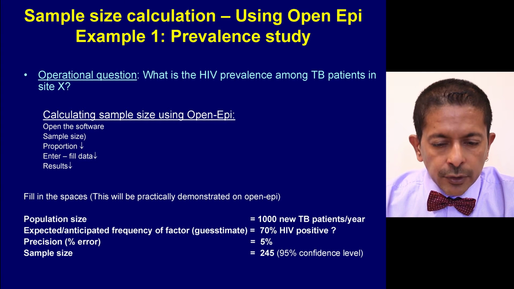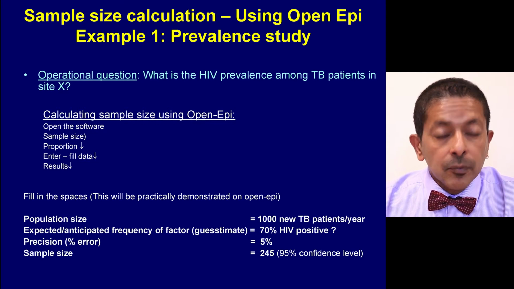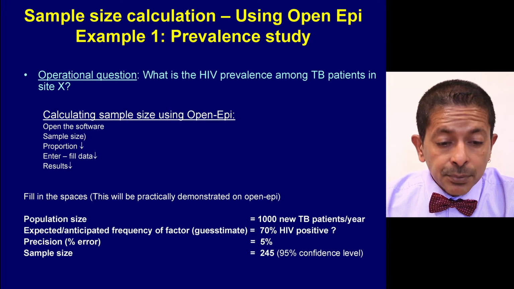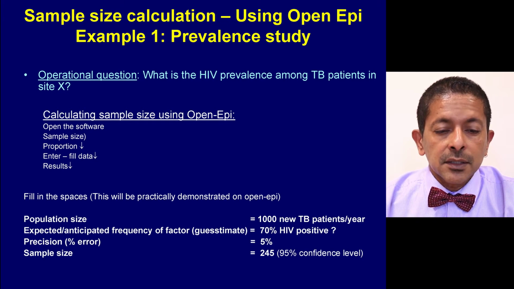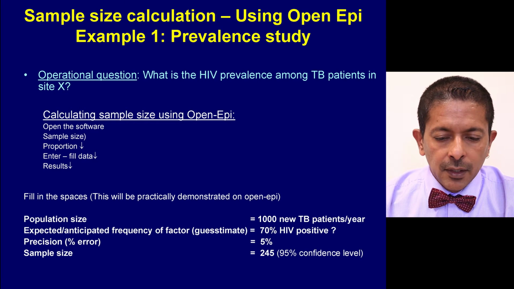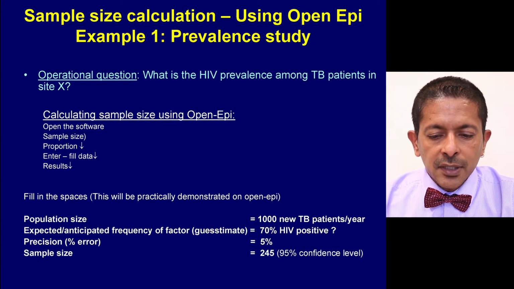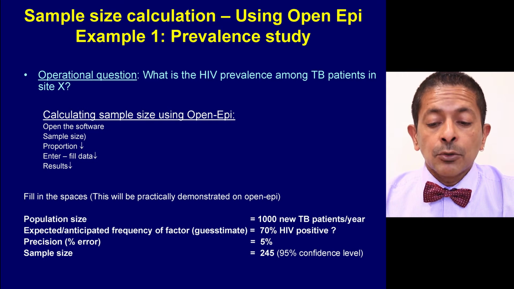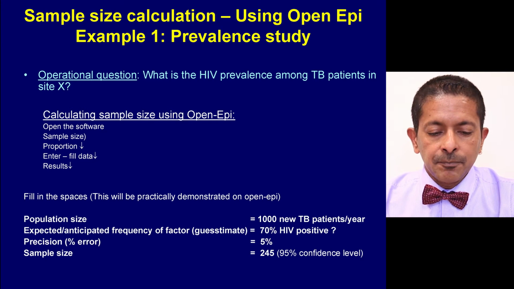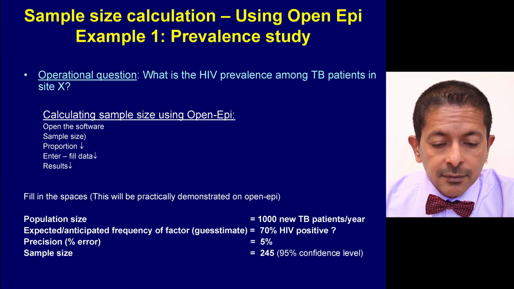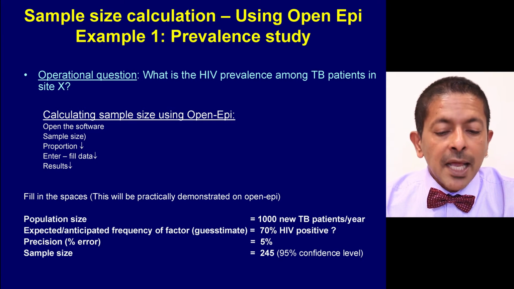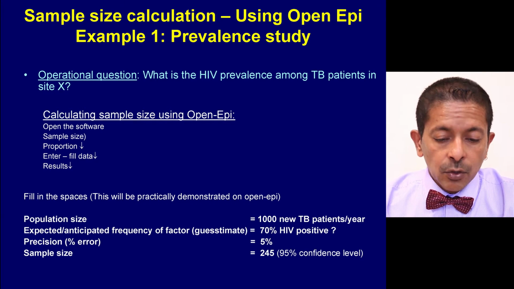Once you've downloaded your Open Epi software, open it, go to sample size on the left, select proportion, and then fill in the data. You need to define the population size, and we'll assume here that it's 1,000 new TB patients a year. You have to put in the estimated or anticipated frequency of the factor.